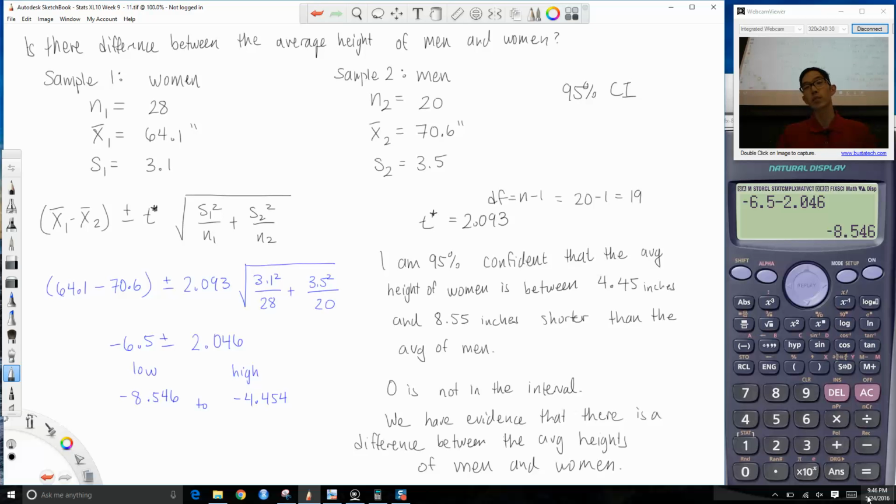And then technically the statement would just change to I am 95% confident that the average height of men is between 4.45 inches and 8.55 inches taller than the average height of women. So whether you say on average women are shorter than men or on average men are taller than women, you're saying the same thing.